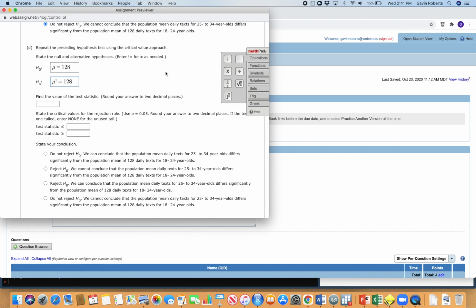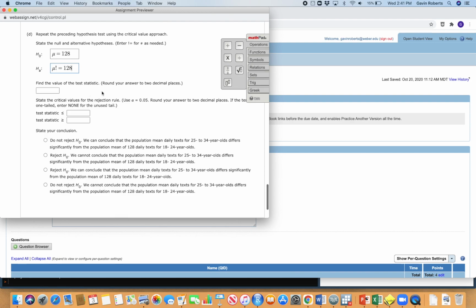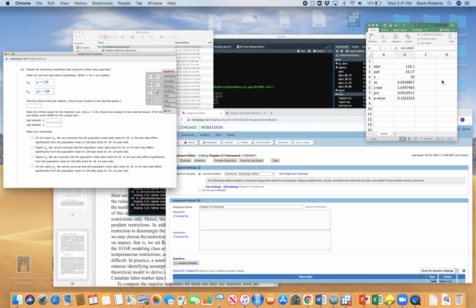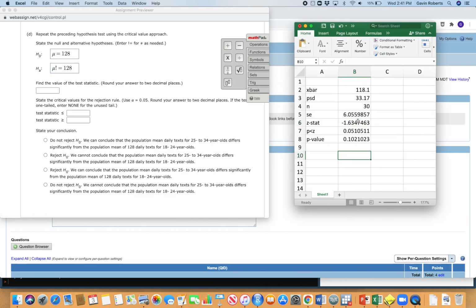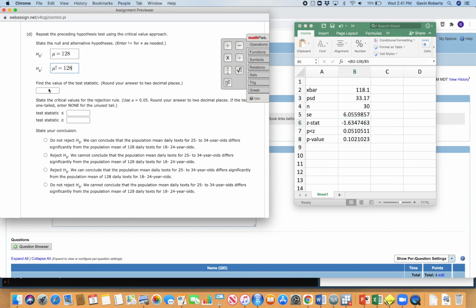In that first video, we didn't need to know which one of those approaches we were doing to set those hypotheses up. Find the value of the test statistic. We already found it. It's the z-score. We found the test statistic on the way to getting our p-value. So it's right there. 2 decimal places makes that minus 1.63.